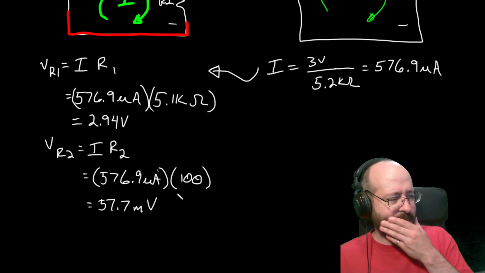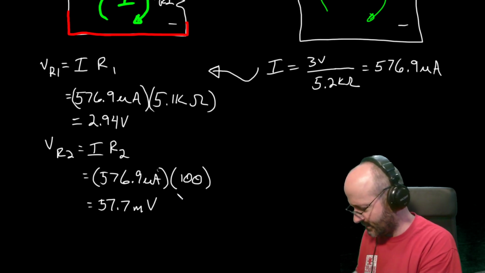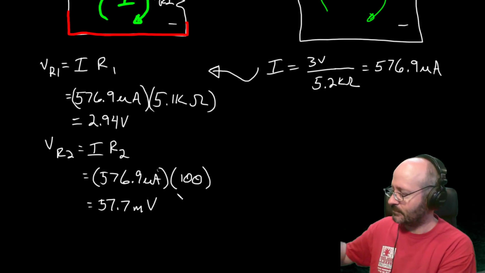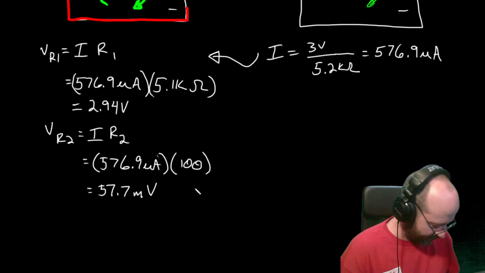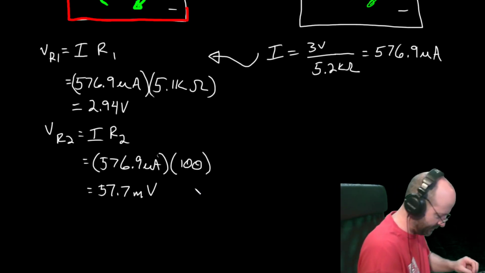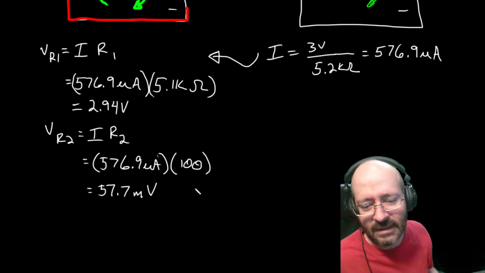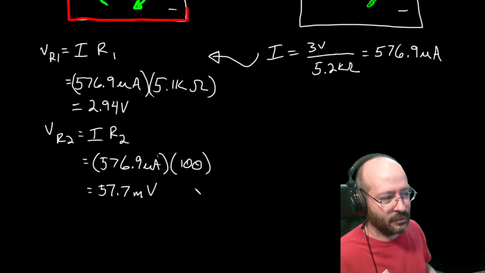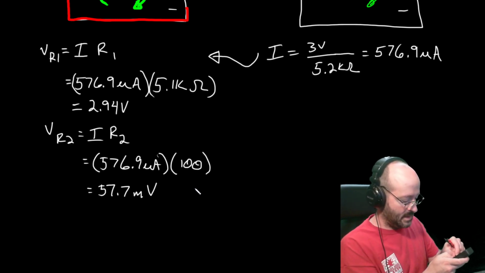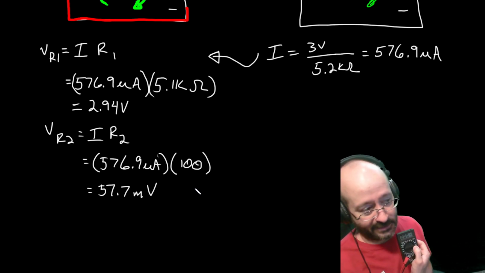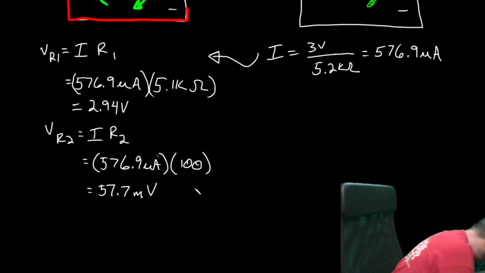So I was going to have you build this. Those are the only two. Let me take a measurement. I was going to have you build this on the snap circuits. And we may still. Mine's connected. Let me see how close this gets. 57.7 millivolts is a really tiny voltage, and I'm not sure that this meter is going to read that accurately, although there is a 200 millivolt setting, so it might do okay.